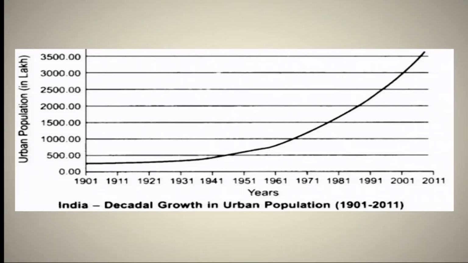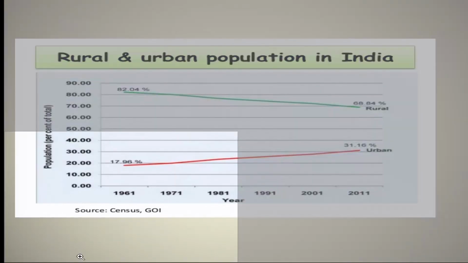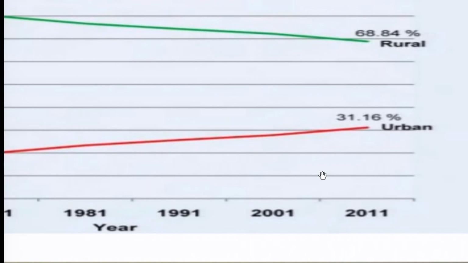Coming to India's decadal growth in urban population. Whatever I was talking to you previously, we find, seeing the graph, how big the graph has grown from 1901 to 2011. The urban population has increased in leaps and bounds. The rural and the urban population, when you notice that, see the striking differences, you will find that 17.99% in 1961 has gone to 31.16% in the year 2011.